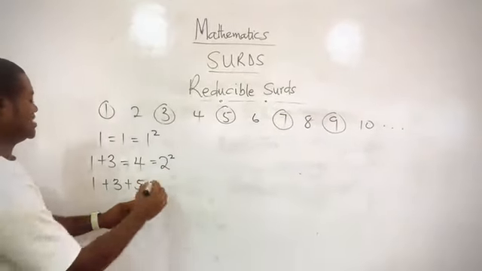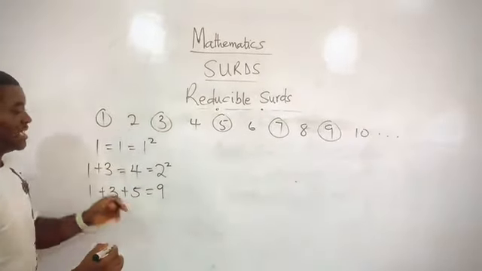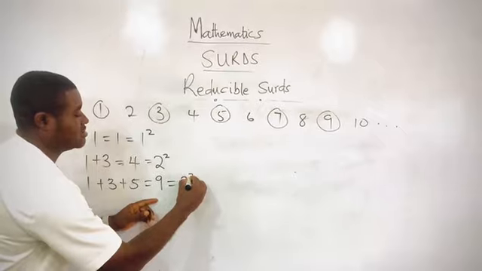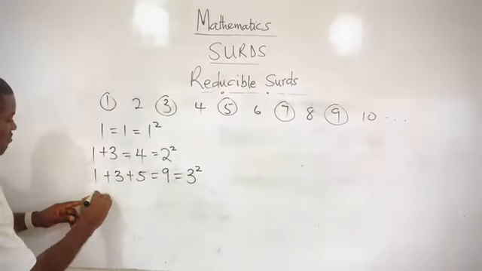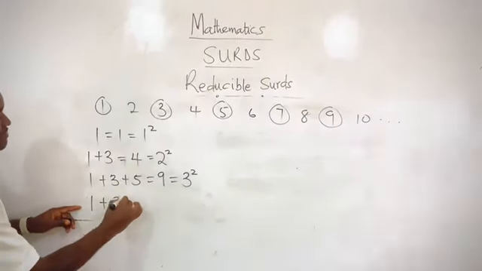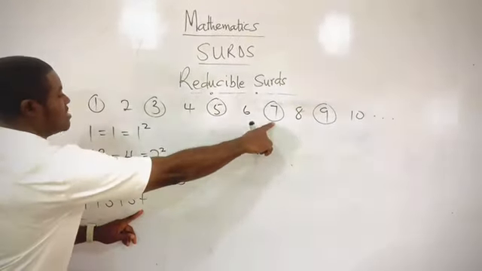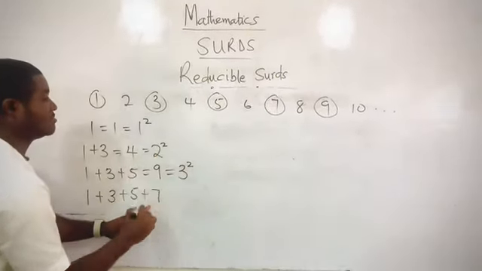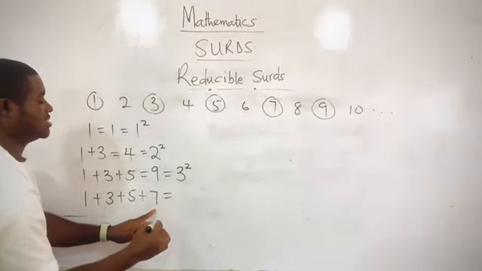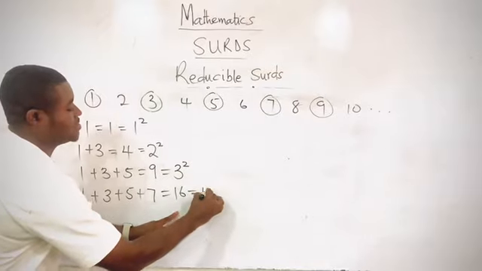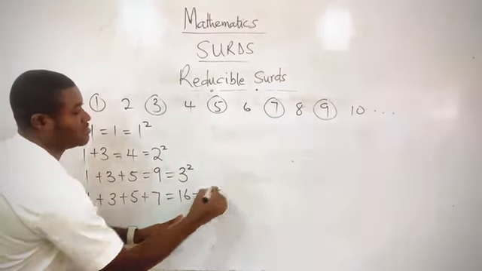The answer is 9, and 9 is 3 to the power 2. We have 1 plus 3 plus 5 plus the next consecutive number, 7. The result is 16, and 16 is 4 to the power 2.